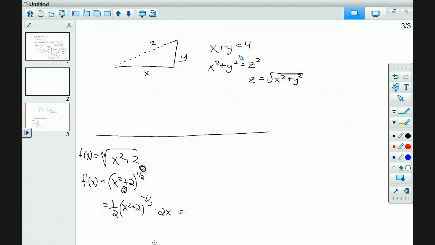I have 2x on the top, and on the bottom I have 2 square root x squared plus 2. Right, this is a negative 1/2. Remember, negative exponents drop it underneath. That's 1/2, so it's still a square root. And then the 2 here, 1/2, and the 2 here. And these can actually cancel out.